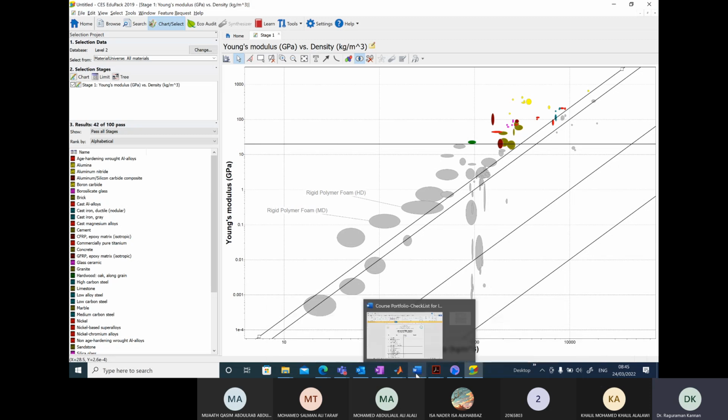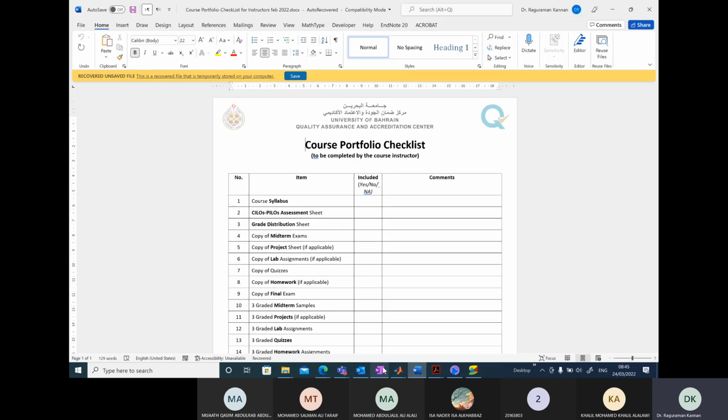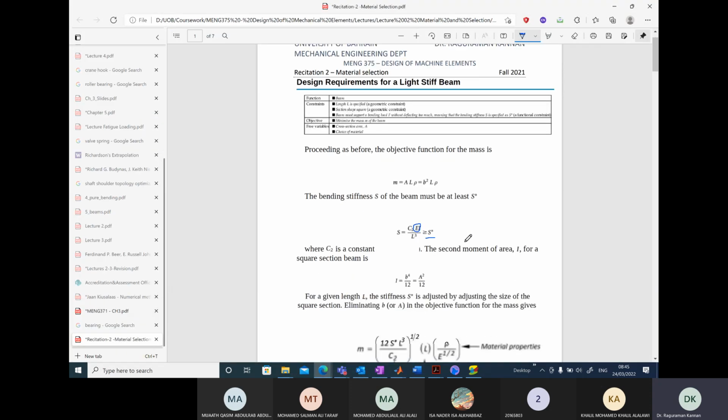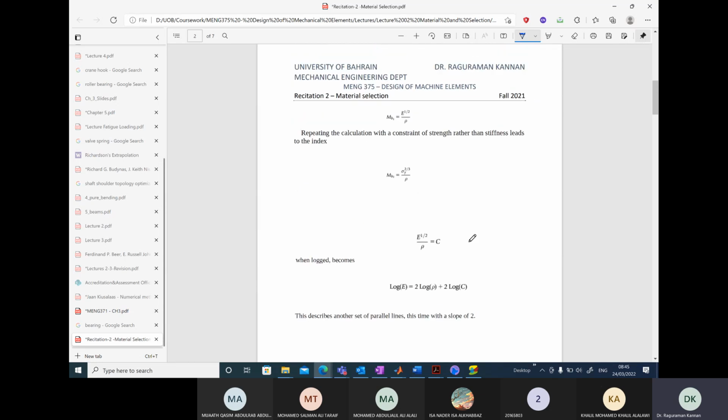Okay, so let's see. Do you want to solve more examples for this case? Okay. Can one of you derive what is the material index, instead of stiffness, if you are given a light strong beam?